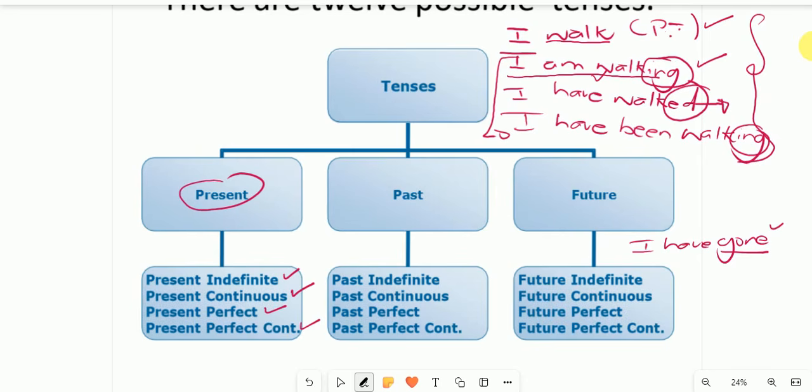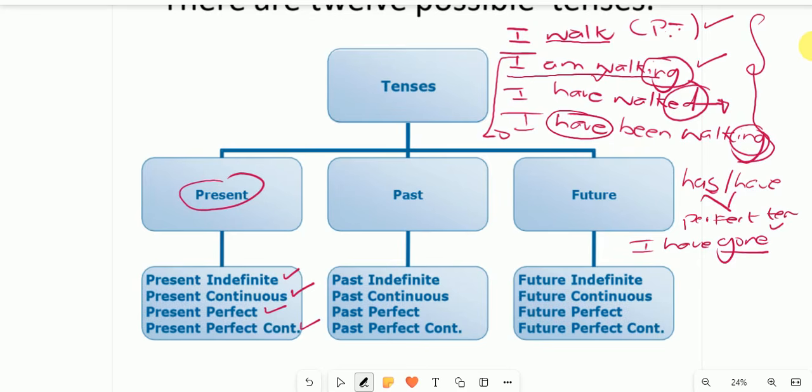But once you include the auxiliary have plus been, now you are changing it from a simple present continuous to become what? A present perfect continuous. Why? Because of the auxiliary have. Remember, I've said whenever you see the presence of auxiliary has or have, these are used to form what you call perfect tenses.